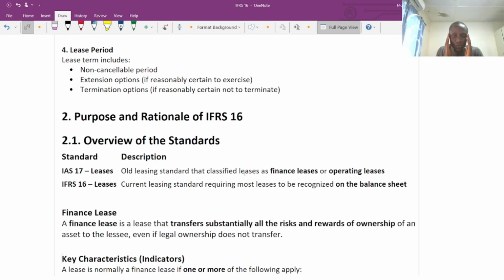For IFRS 16, all leases, with the exception of low value or short life assets, which we are going to look at separately, should be recognized on the statement of financial position with no exception.